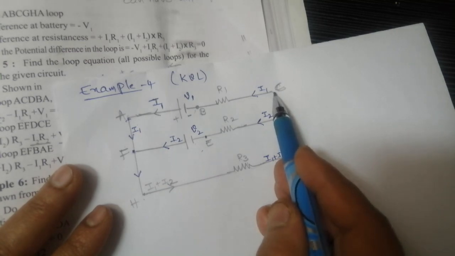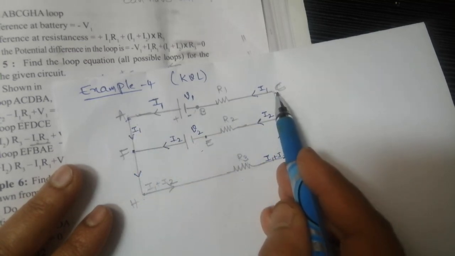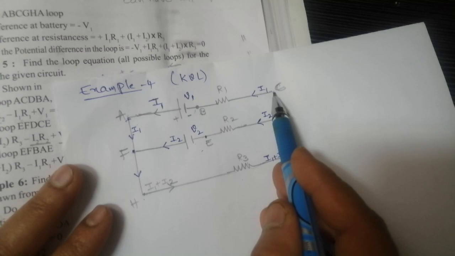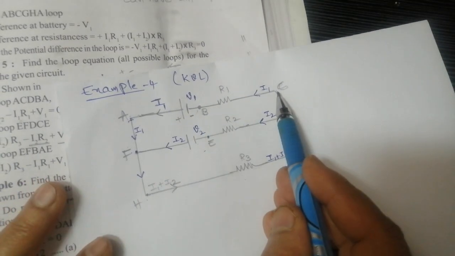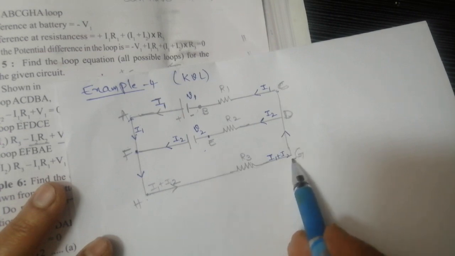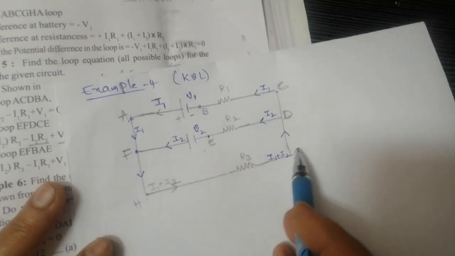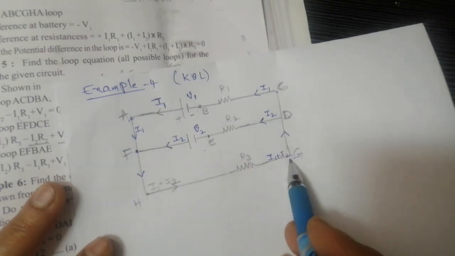We can choose a point here and make a loop from there. It's not necessary to start the loop from A only, we can start from C or G also, but the starting and end points should be the same.